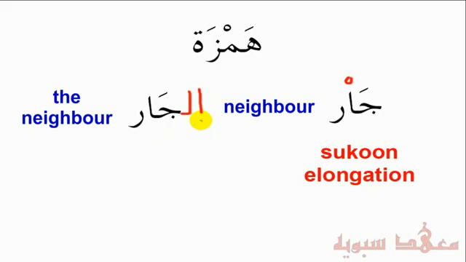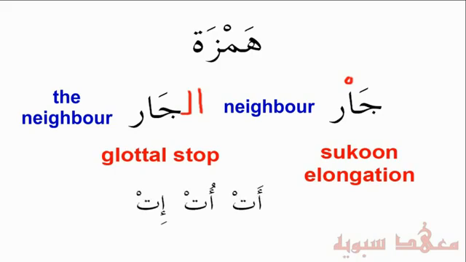So notice the sound in the beginning, al-jar. That sound, which in English is called a glottal stop, is actually the Hamza. It's not the alif. So some other examples of this is we have here at, ut, it.